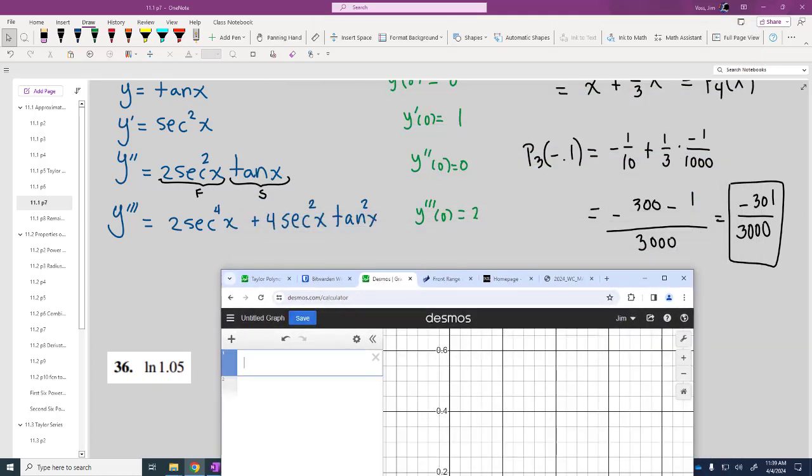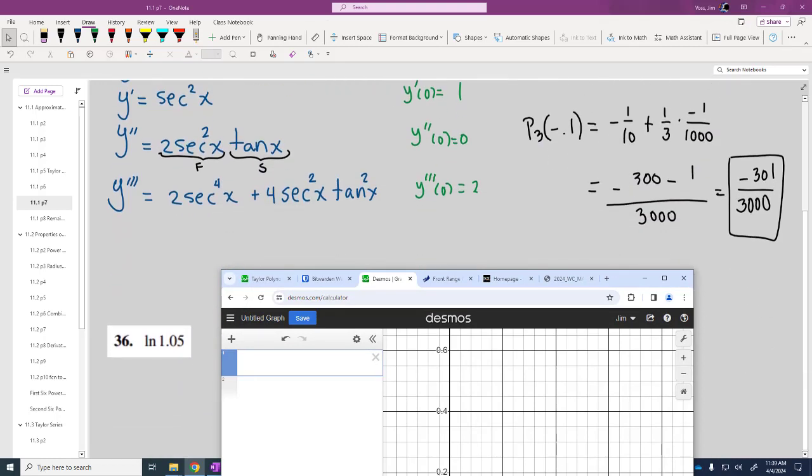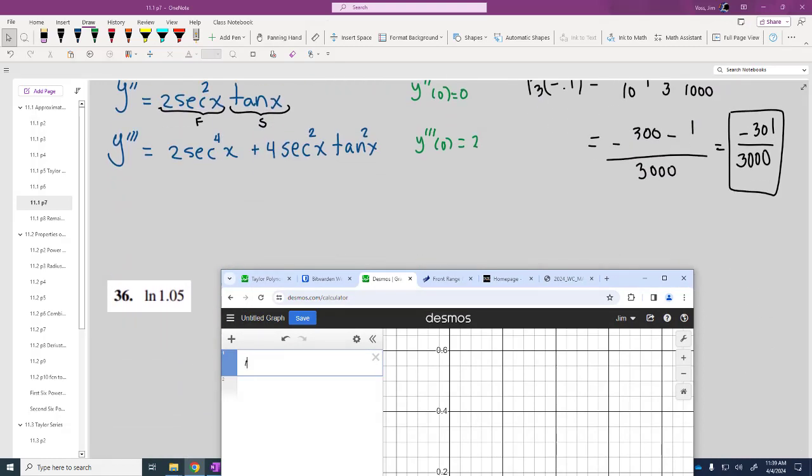All right, so what was it? We were doing tangent of negative 1/10. So we have that. Then our approximation is negative 301 divided by 3,000.